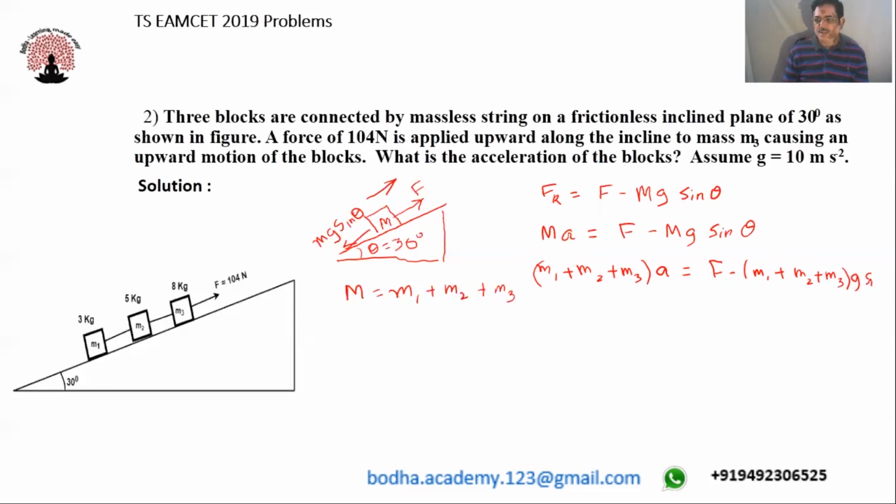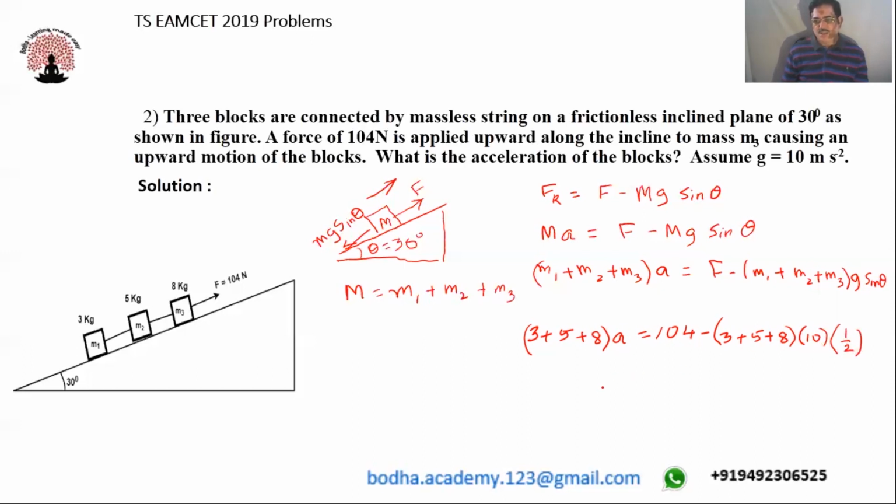Now substitute the values. m1 is 3, m2 is 5, m3 is 8, into a is equal to F, given as 104, minus again m1 plus m2 plus m3, which is 3 plus 5 plus 8, into g value given as 10, and sin 30 degrees is equal to half.